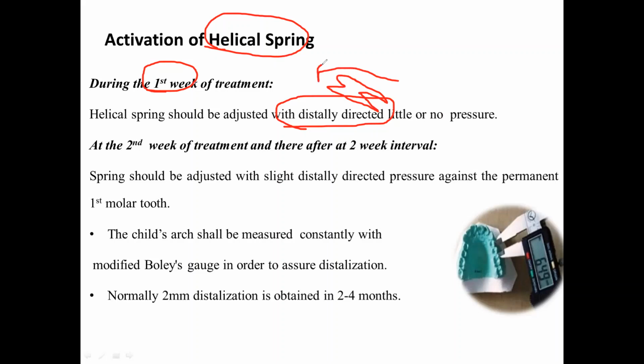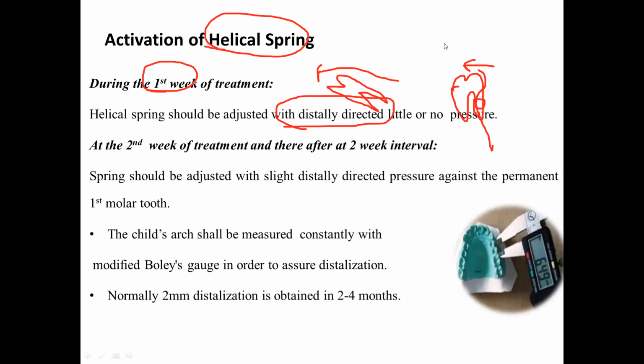After the first week, when the patient comes to us, we recall the patient and we need to adjust the spring again, because, for example, in the first week, this was the tooth which is present over here. The helix we activated, and it was taking the tooth like this.